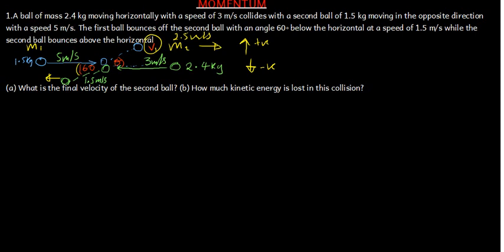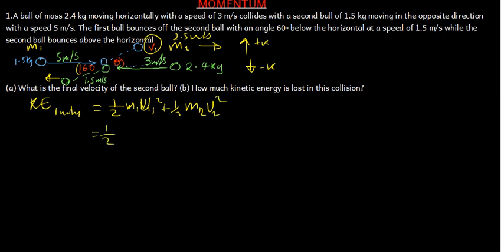So to find the kinetic energy which is lost, we are going to first find the kinetic energy initially of the two balls. So kinetic energy initial will be the sum of the kinetic energies of the two balls. That will be half m1, so we're taking u first, u1 squared, plus half m2 u2 squared.